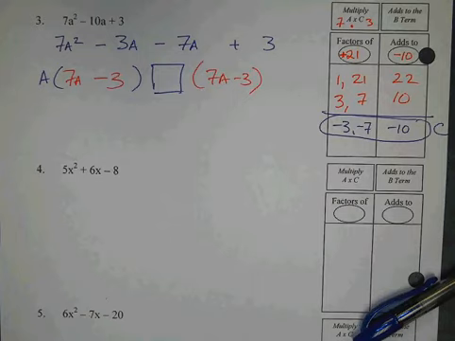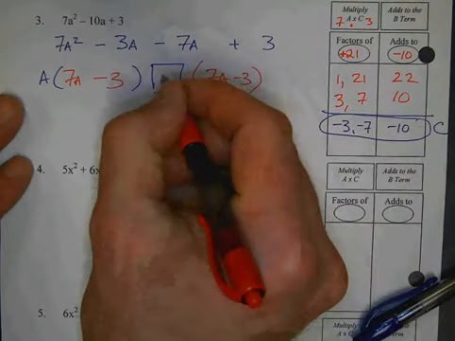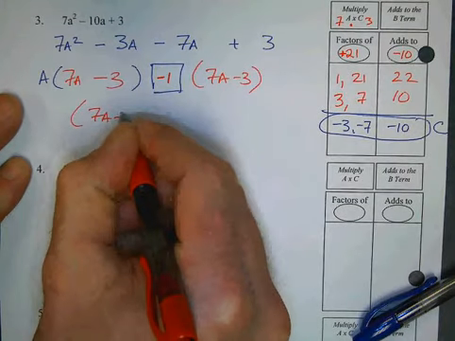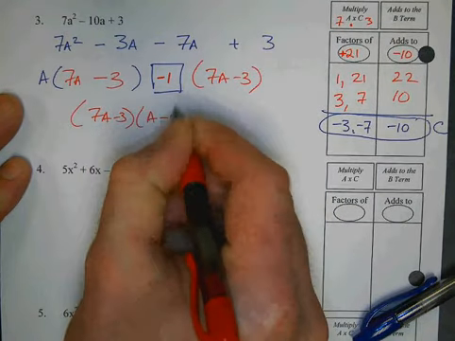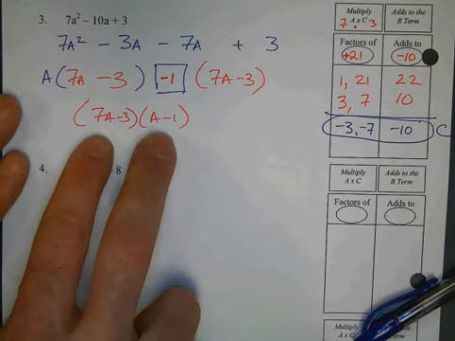Good. All right. I saw 5 correct answers from 5 boxes. What goes in the box, everybody? Negative 1. My answer, 7a minus 3. A minus 1. Someone asked me last hour, do they have to be in that order?